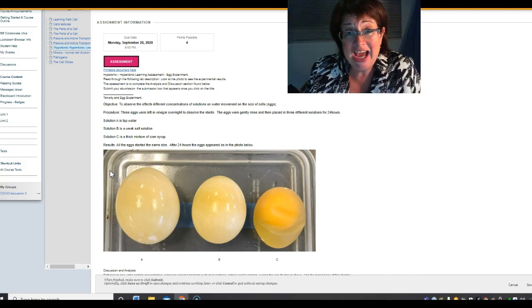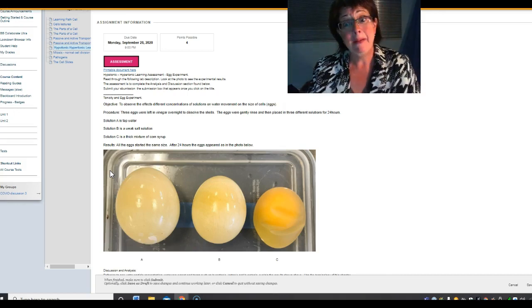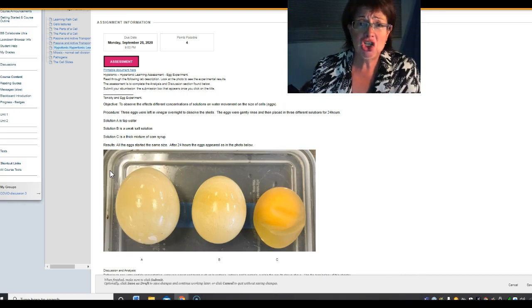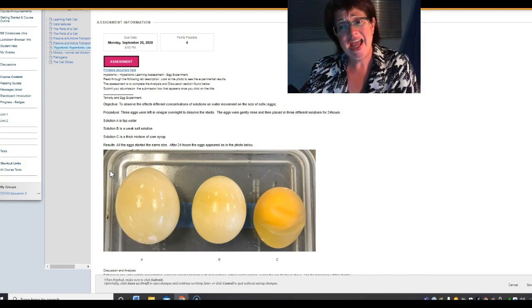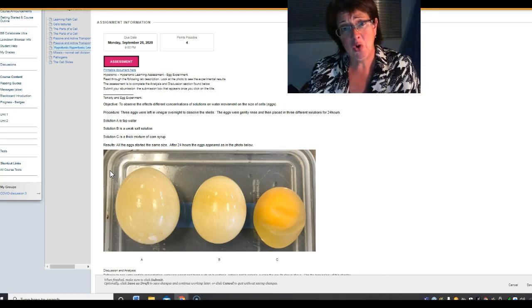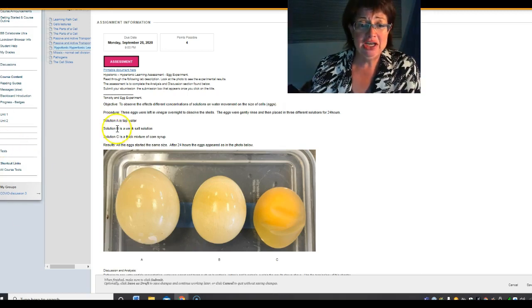Then that allows for the process of osmosis to take place based on the concentration difference between the solution on the outside and the concentration of the non-water particles inside. So solution number 1 was just tap water.